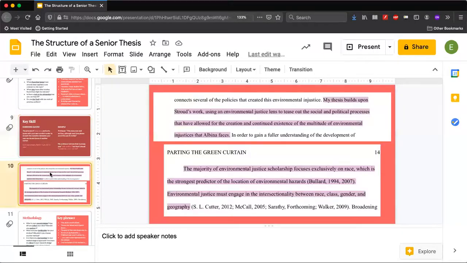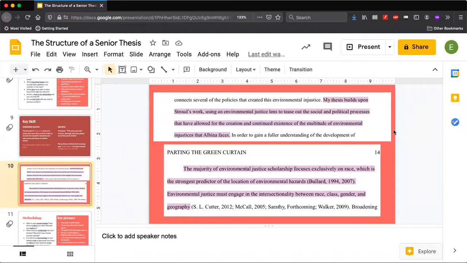Okay, so let's go back to the student thesis that we were talking about and see some parts of their literature review. Okay, so one quote that I highlighted is, my thesis builds upon Stroud's work, some researcher, using an environmental justice lens to tease out the social and political processes that have allowed for the creation and continued existence of the multitude of environmental injustices that Albania faces, right?